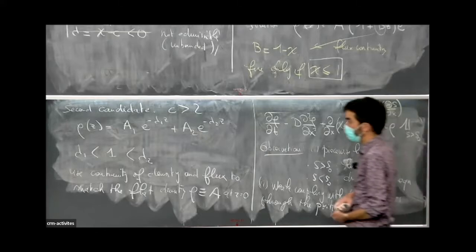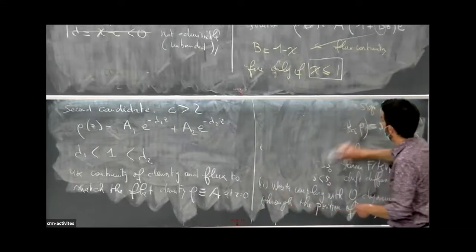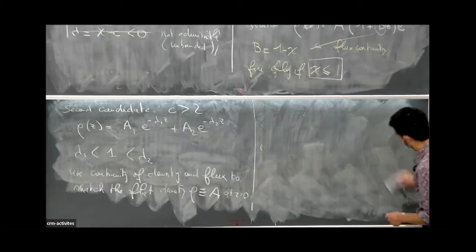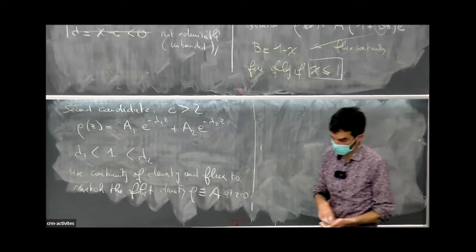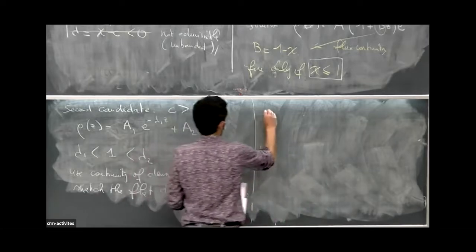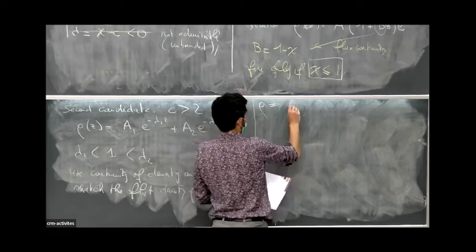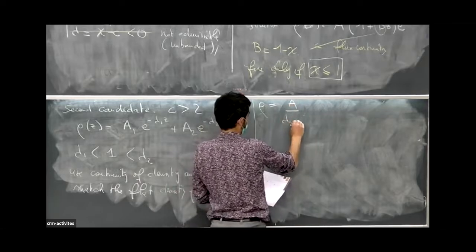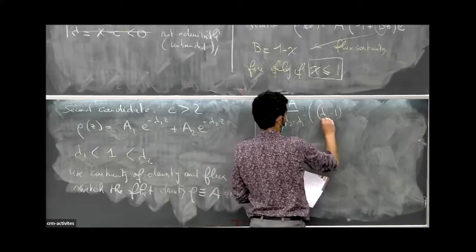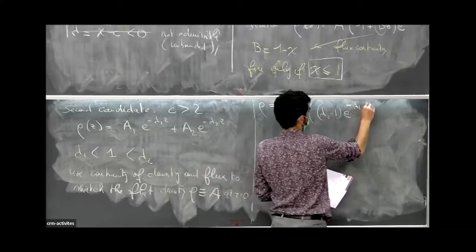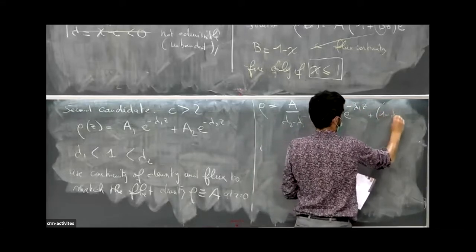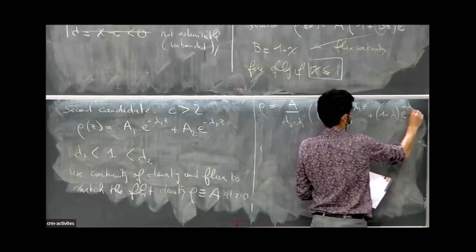And if you do these computations, it gives you two conditions for A1 and A2, very basic tools. And this tells you that rho is A over lambda 2 minus lambda 1, a positive number. And here you will have lambda 2 minus 1 exponential of minus lambda 1 z plus 1 minus lambda 1 exponential minus lambda 2.